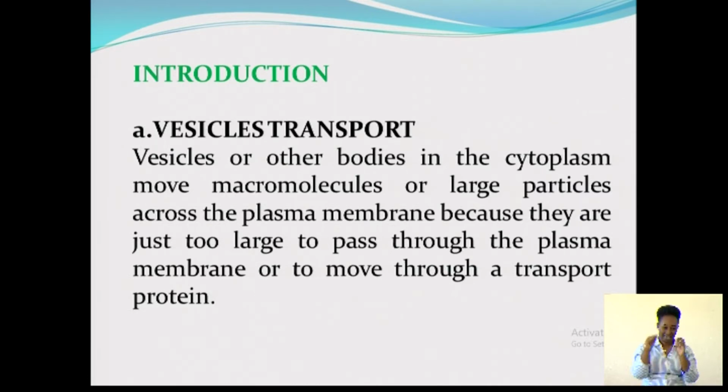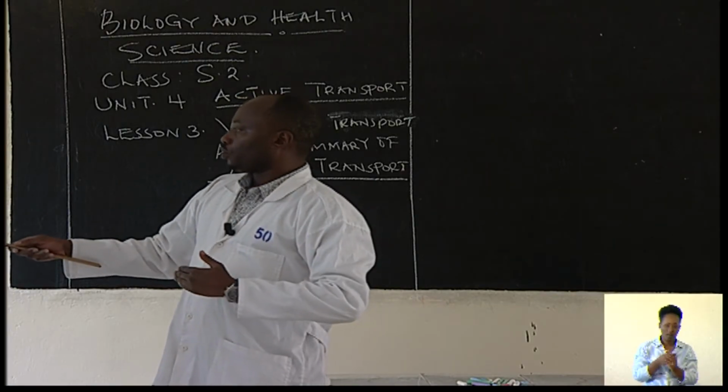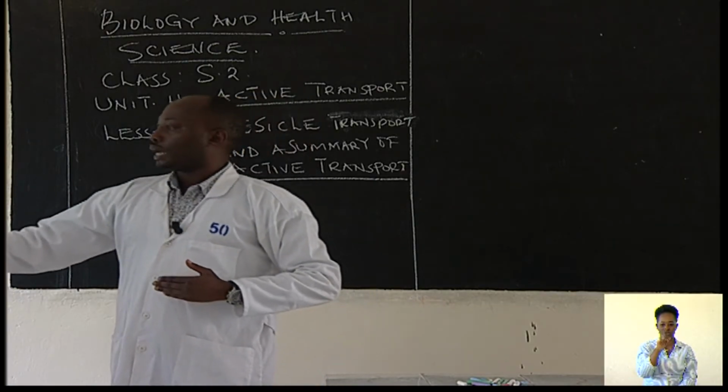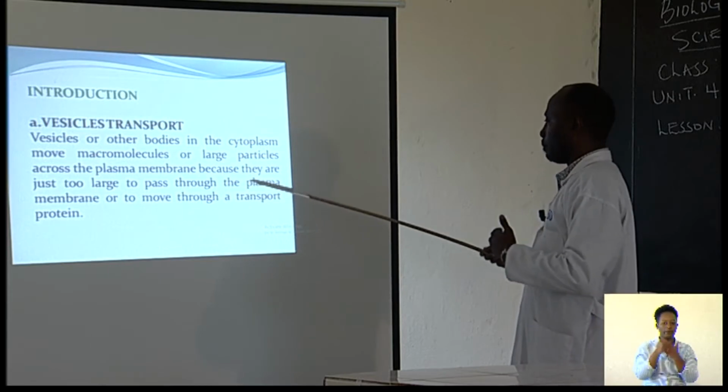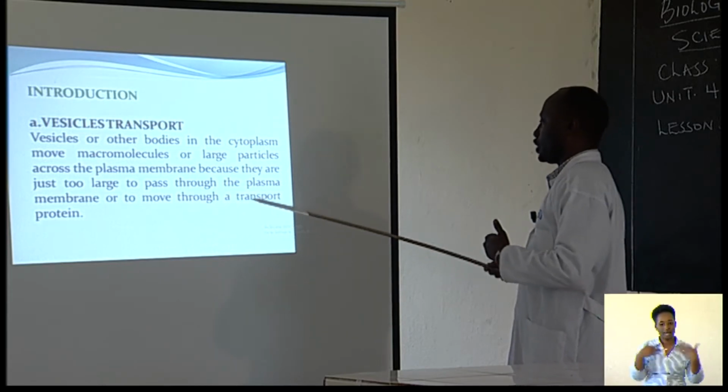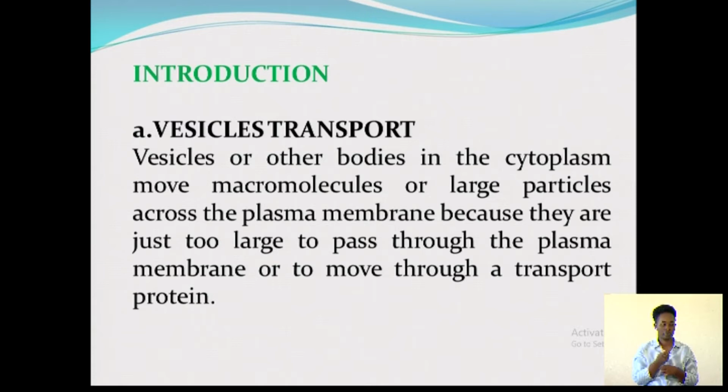Partially permeable means it can allow some molecules, let me say glucose, to pass through, but it limits other molecules. Not all molecules can pass through, because they are just too large to pass through the plasma membrane or through a transport protein.